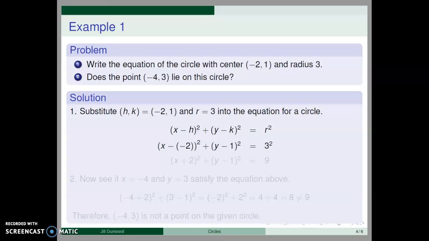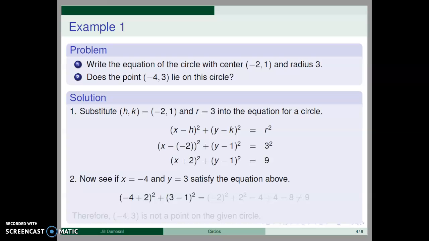Now we plug h equals -2, k equals 1, and r equals 3 into the equation. Then we simplify where appropriate to make the formula neat and clean. For the second part of the problem, we want to know if the point (x, y) given by coordinates (-4, 3) satisfies the equation.